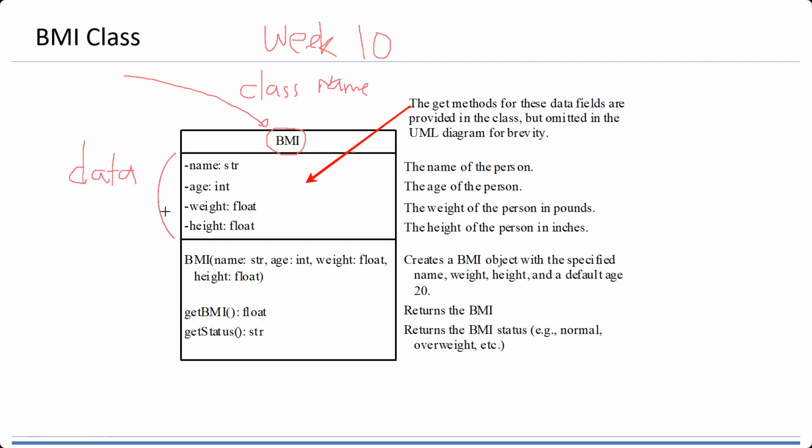And the next section, this is the method. And you can see minus, minus, minus, minus. It means those data are private.